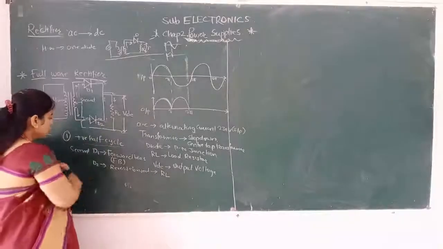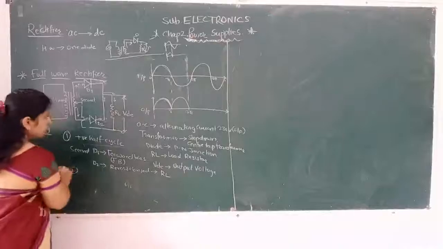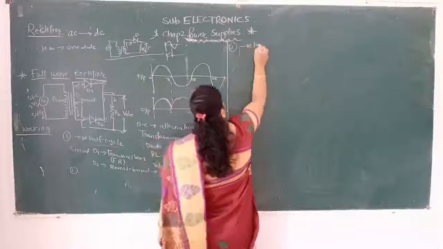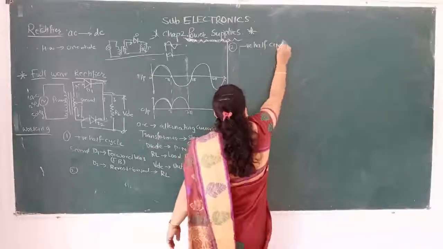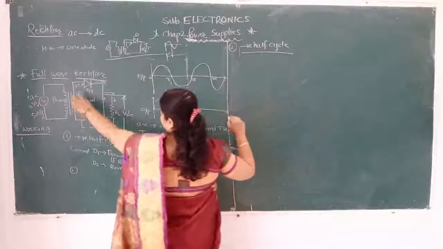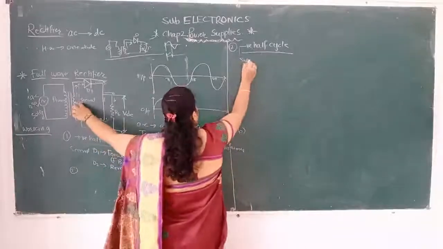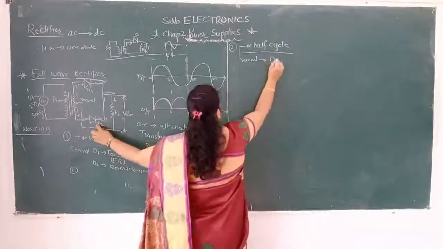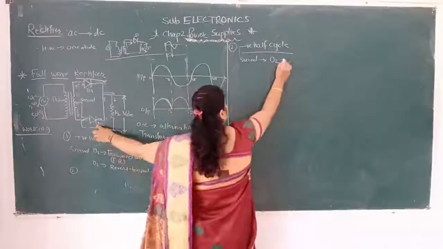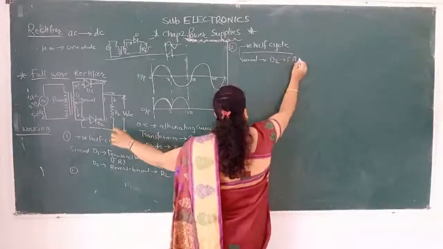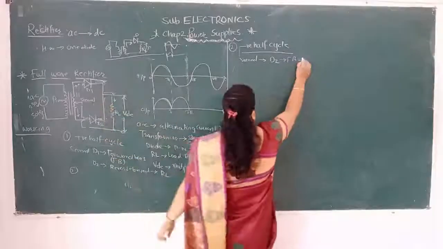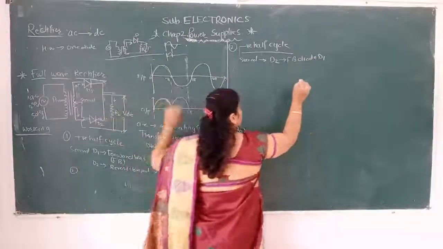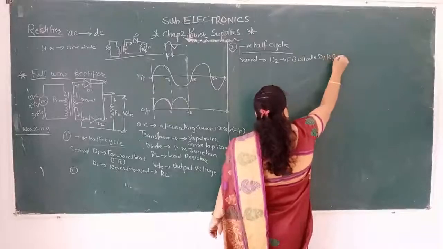Okay, so what happened in the negative half cycle? I will write it here. In the negative half cycle, current from the secondary of the transformer goes to the diode D2, and at that time D2 will be forward bias, while diode D1 is in reverse bias.